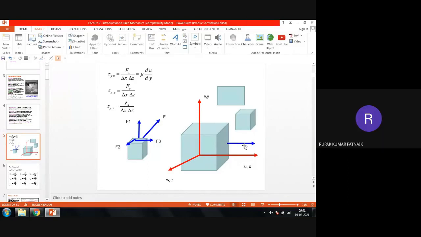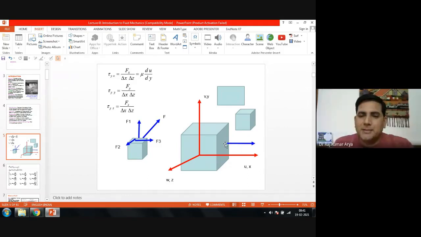Plus x, because here the perpendicular drawn on this surface is going to the plus x side. So this is the plus x plane. Now, if I go to this back side one, here the perpendicular will go to this side, and this would become your minus x plane. Okay?